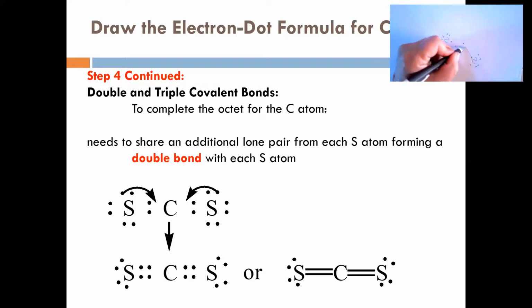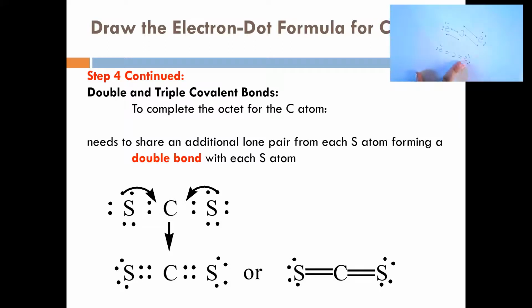You can kind of think of it like this. Kind of, they're going to share these 2 to make themselves happy. So we're going to form double bonds between. Each one is kind of donating a pair, and we're forming a double bond. So to make it look cleaner when you're drawing, it would look like this.